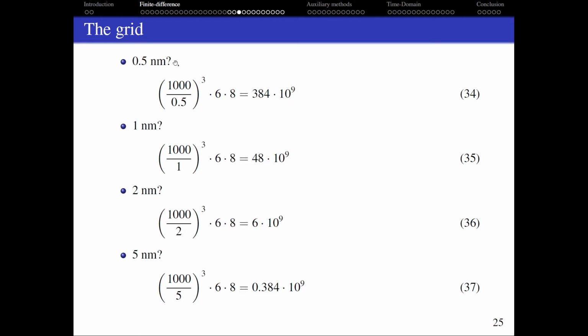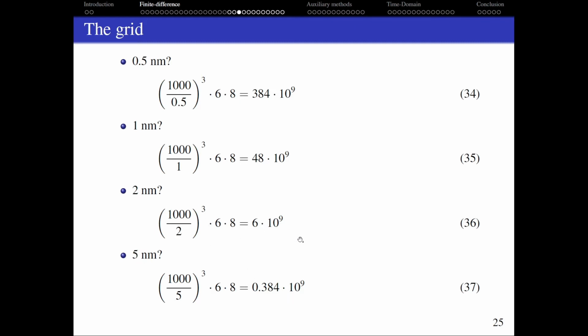This is quite a bit more than the 8 gigabytes that we had. So this discretization is not going to fit in our computer. In the same way, the 1 nanometer discretization is not going to fit because we need 48 gigabytes. So those two are impossible to use for this computer. The 2 nanometer case is going to fit because we only require 6 gigabytes, and the 5 nanometer one is going to work even better.